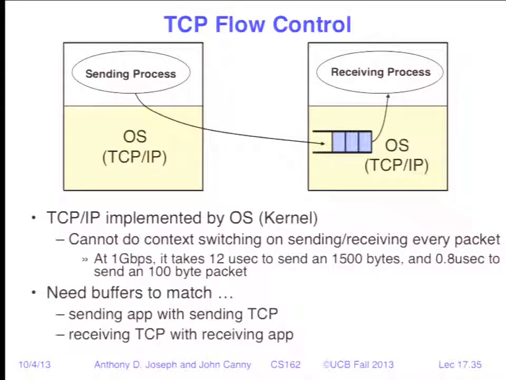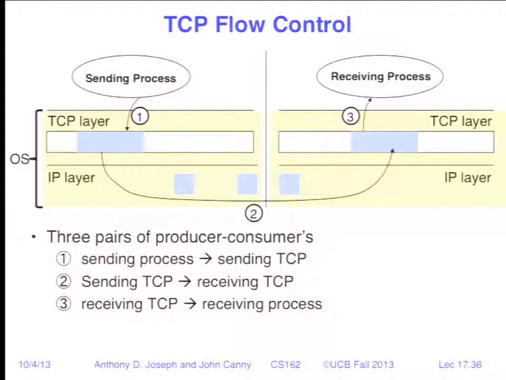So we're going to use buffers to make all of this work. We need buffers between the sending process and the OS, and the other OS and the receiving process. That's this picture. Lots of buffers. There's a buffer here because the sending process is producing bytes. The OS is draining bytes out of this buffer, sending them to the remote OS and filling this buffer.